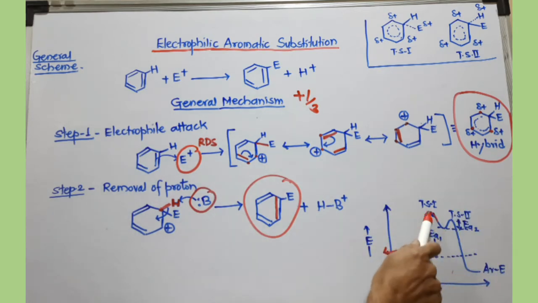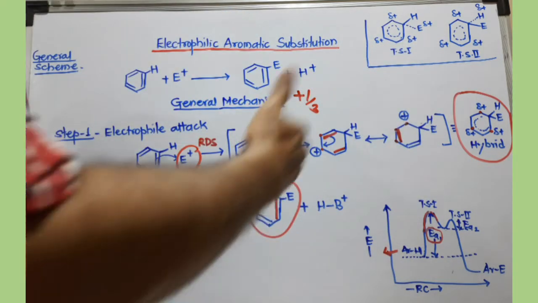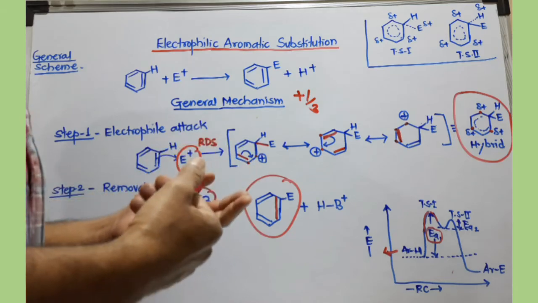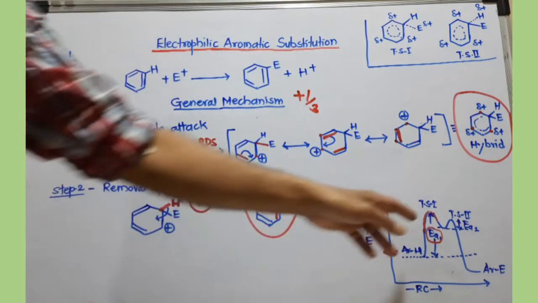So this is our first energy barrier, which is called activation energy. That much energy is required to form our first transition state. You can see here transition state 1, which shows which bond is being broken and which bond is being formed, that we have to show by using a dotted line, because this is hypothetical.